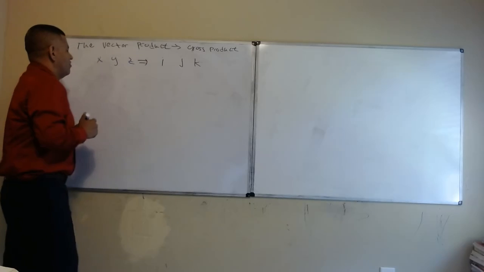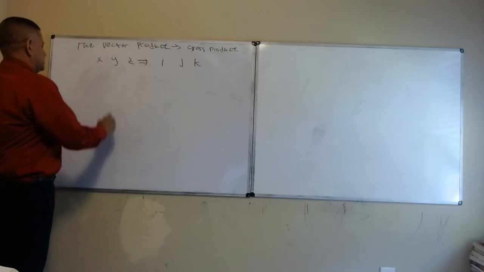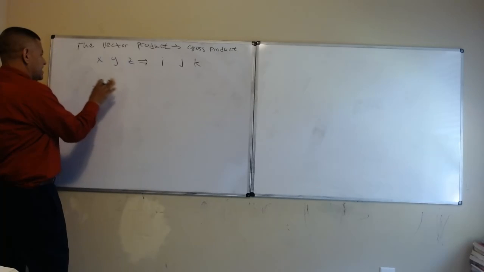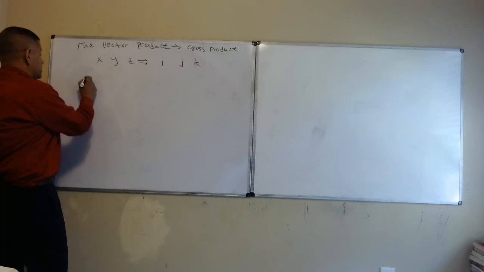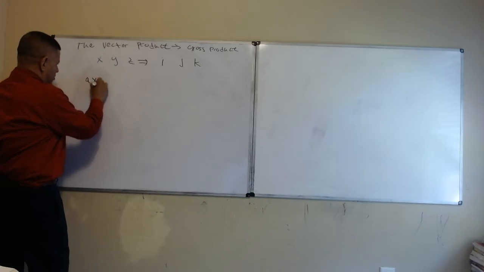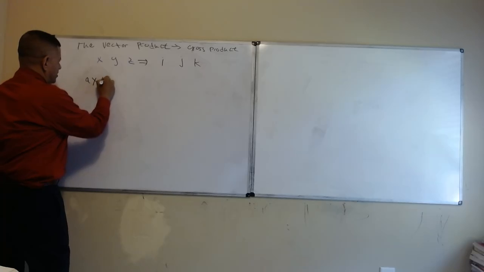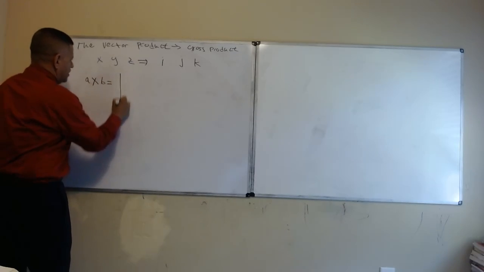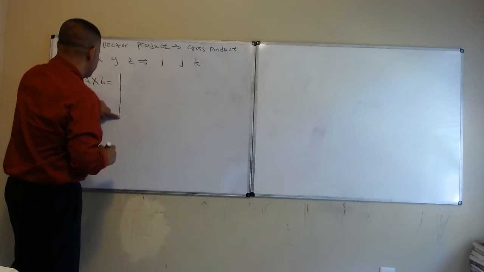Now, how can we cross this? If you have A cross B, then we have a three-dimensional case.